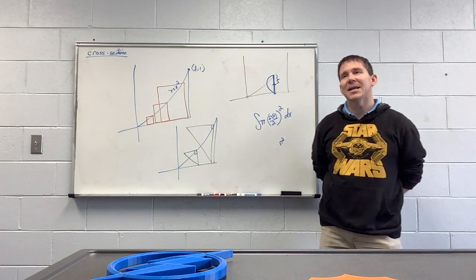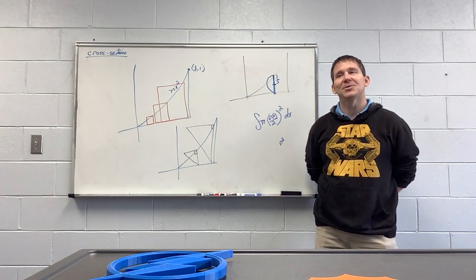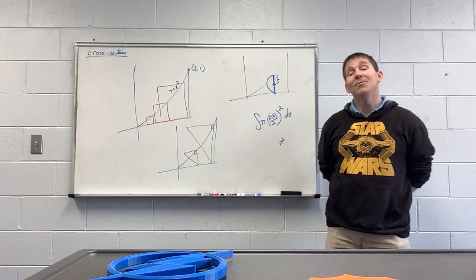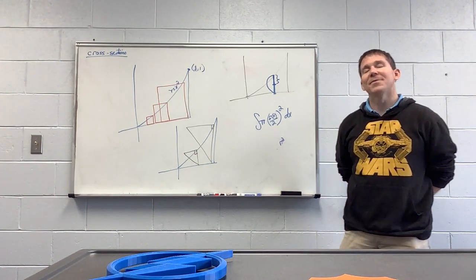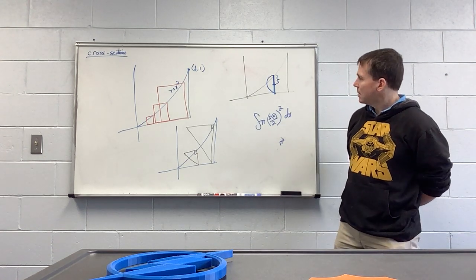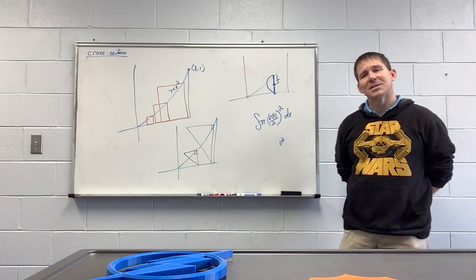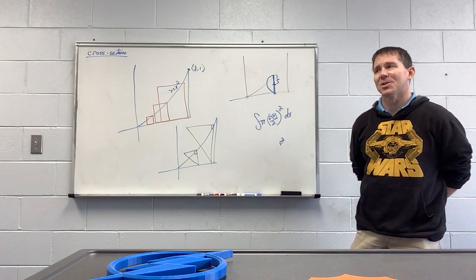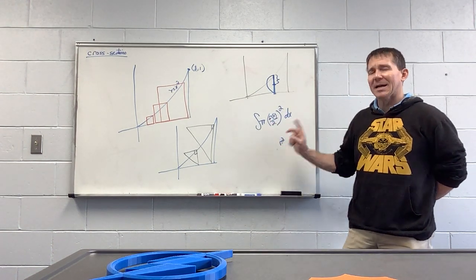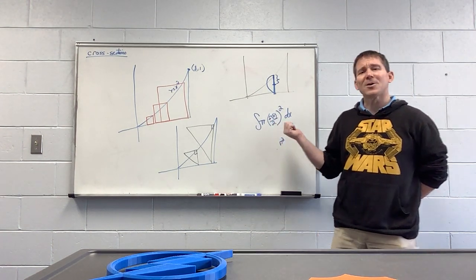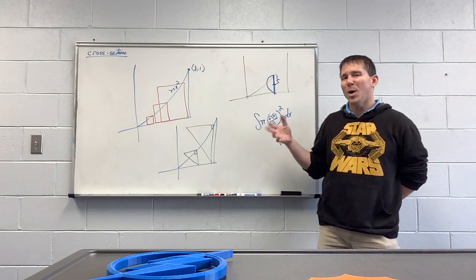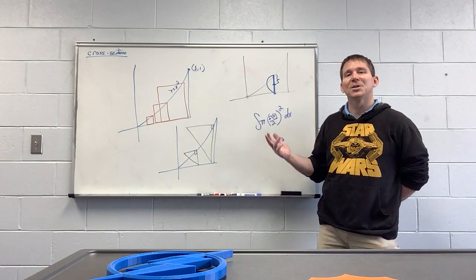How can I approximate it logically with a geometric thing? That will give you a formula. Once you have that formula, then you can set up a Riemann sum, take the limit, get an integral, and solve. Solving these integrals, I know I didn't solve any of them out, but solving all of these is essentially trivial. One power rule that you all know, and you're done and good to go.